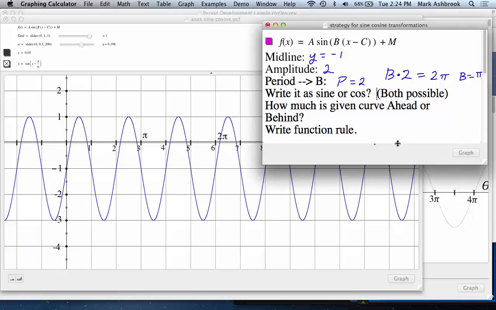Okay, so more easily, Audi, sine or cosine? Sine. If we choose sine, how much is our graph ahead or behind sine? If I were to sketch just sine with no shift, how would our blue graph compare to that? Would it be ahead or behind?